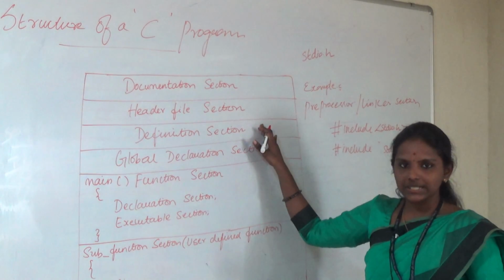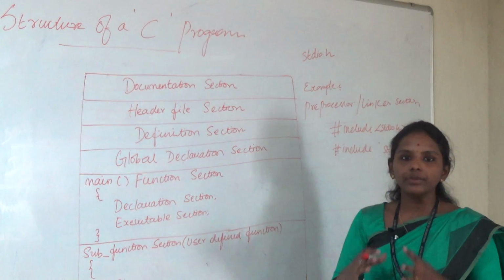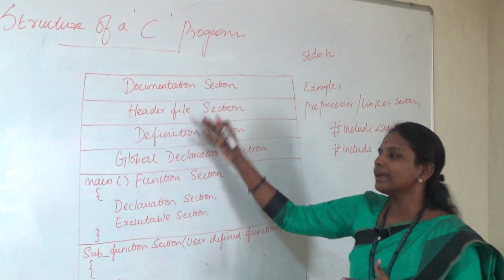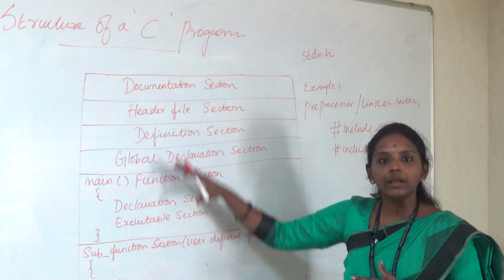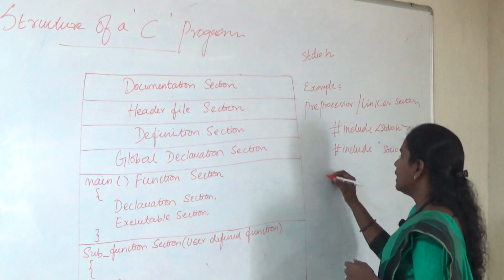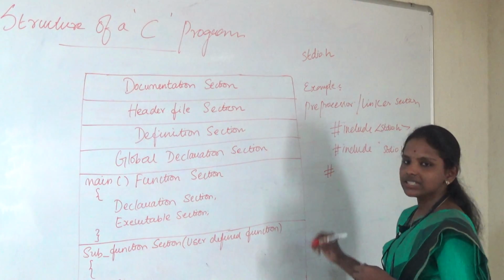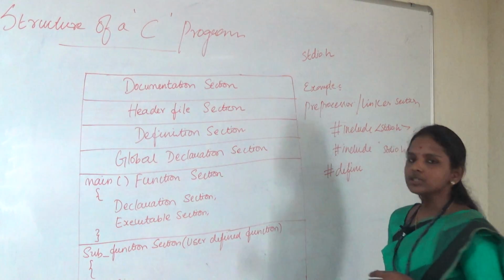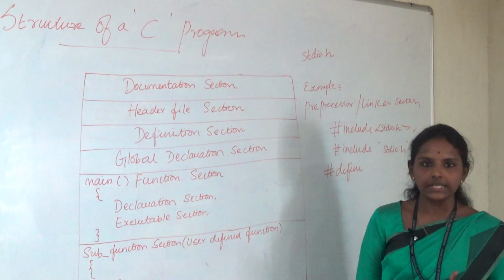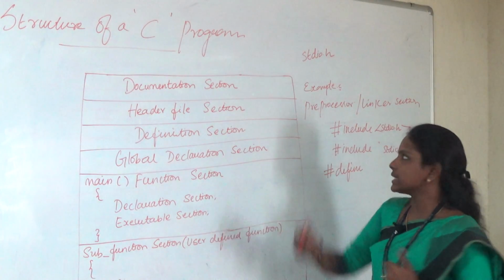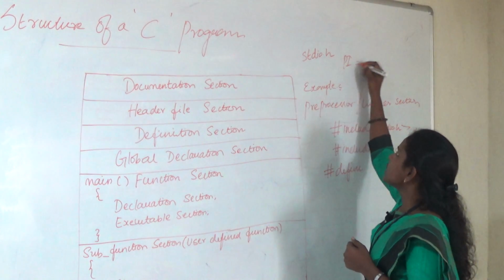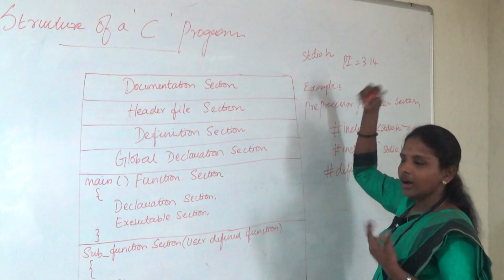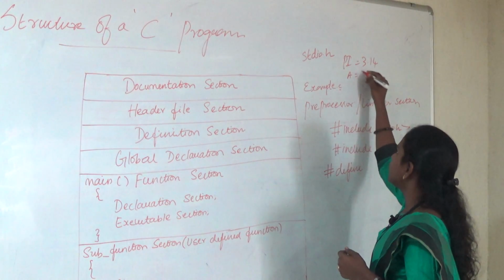In this definition section, we are going to define some new things which will be used inside your main function. For example, the definition section could be written as hash define. This is mainly used to define a constant, like a mathematical constant. The value of pi is equal to 3.14, or some other constant like a is equal to 30.